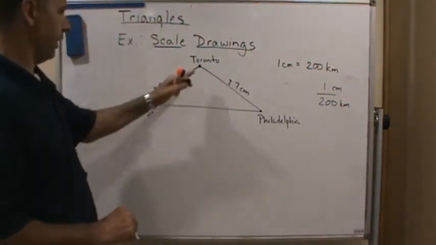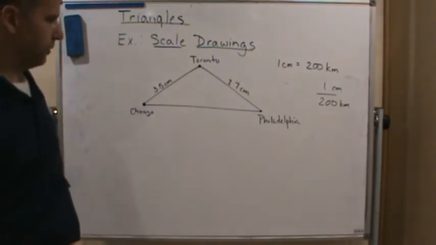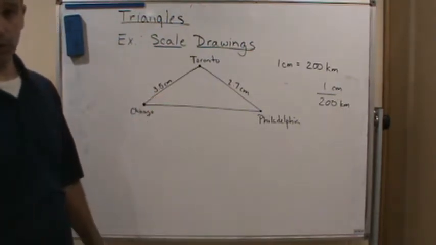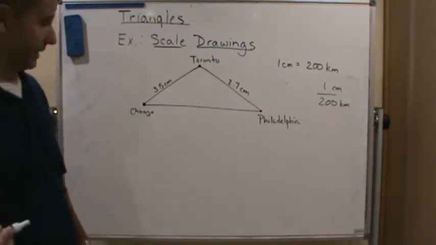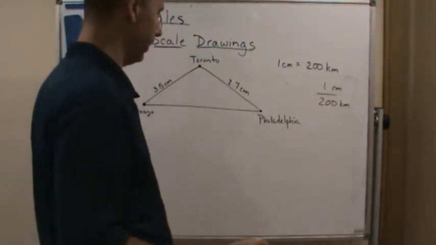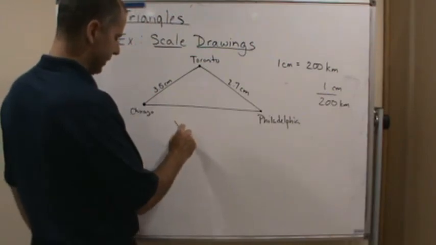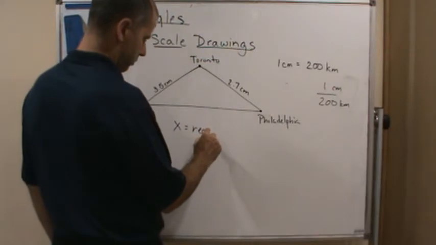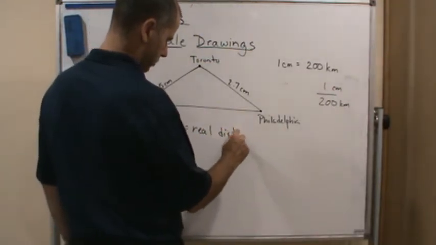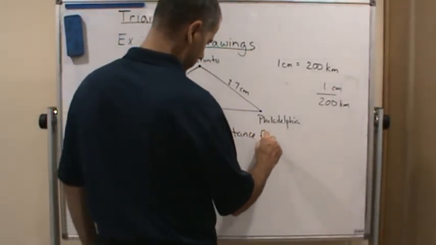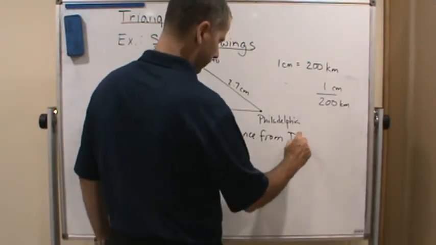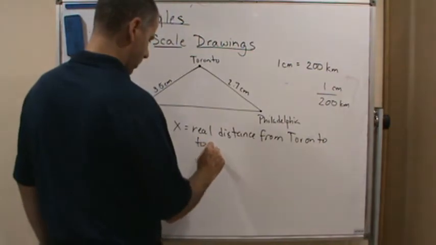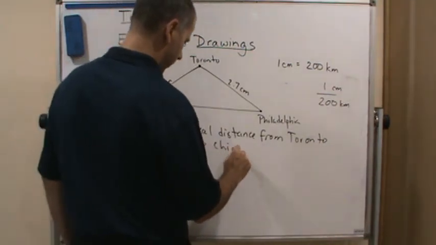This value has to be proportional to the real distance. Let's call that x, the real distance from Toronto to Chicago.